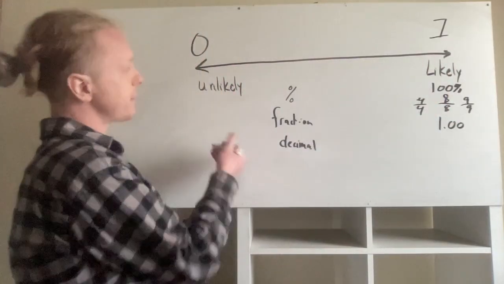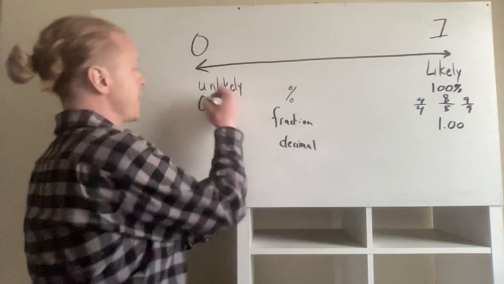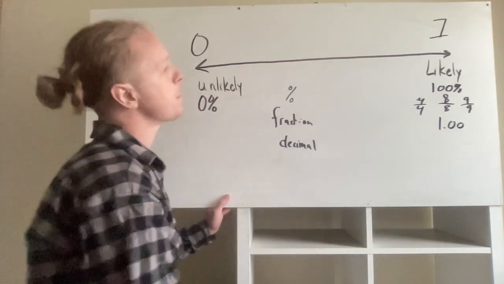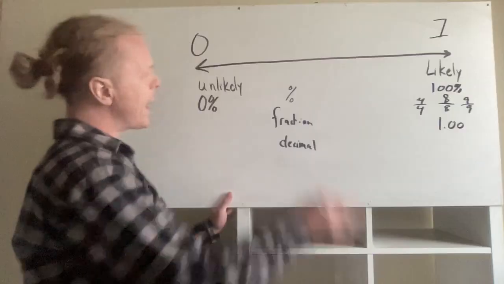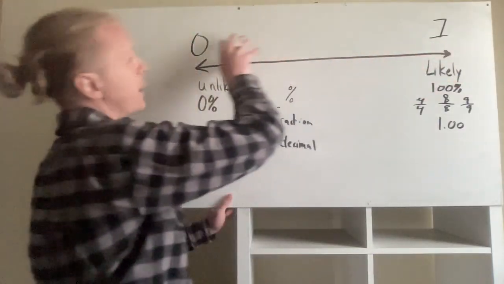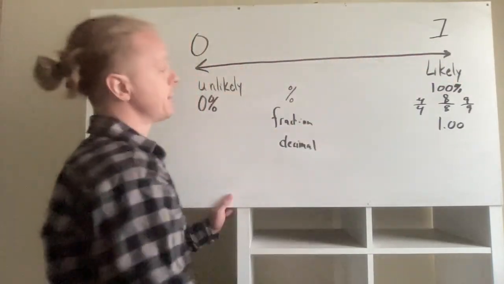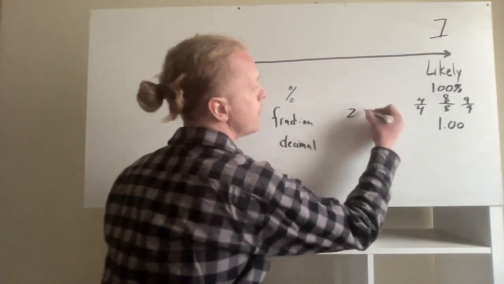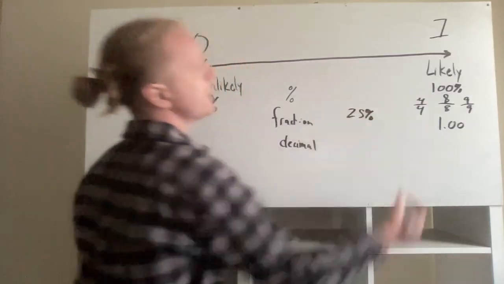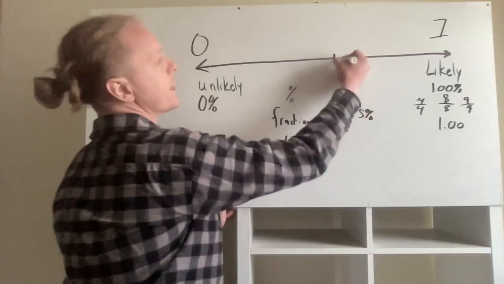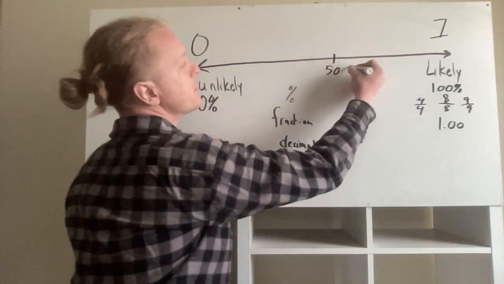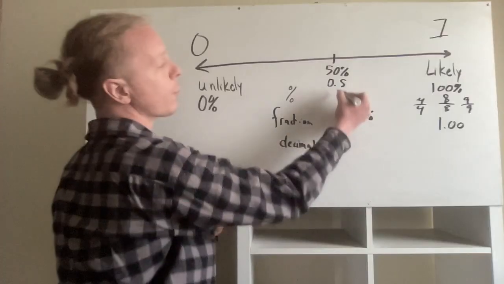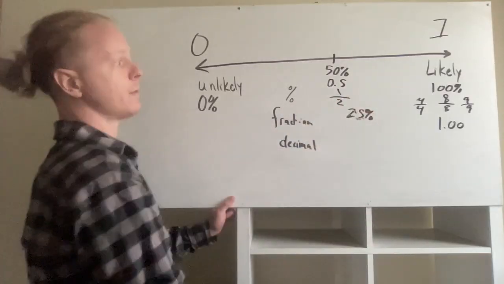On the flip side, if there's a 0% chance that something's going to happen, it's impossible. And then it's sort of a spectrum in between 0 and 1. So if something has a 25% chance of happening, well, right here in the middle is 50%, or 0.5, or 1/2.